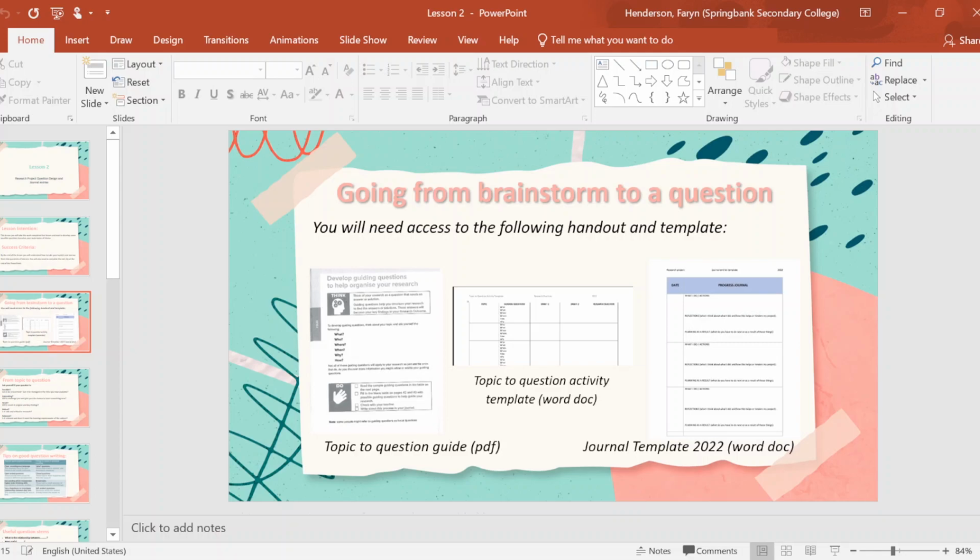The topic to question activity template is what I've created in response to that handout. It's just a template for you to use to draft some of your questions, plus the journal template, which you don't have to use if you don't want to, but it gives you an idea, and you will need access to that at the end.